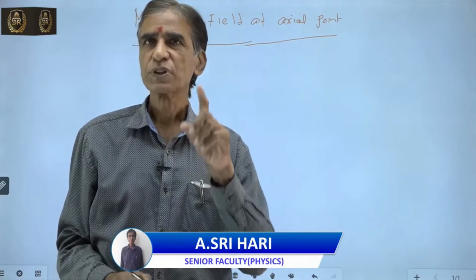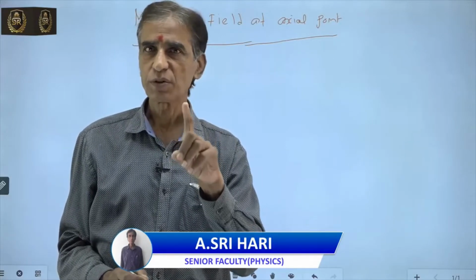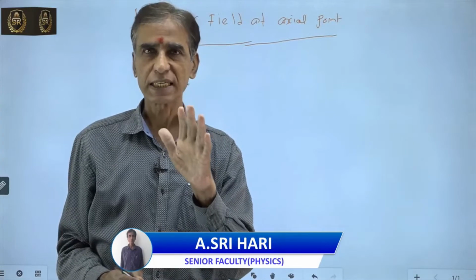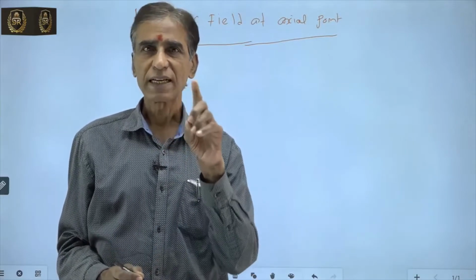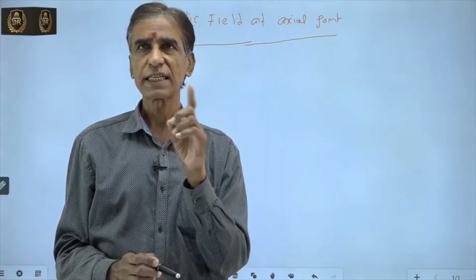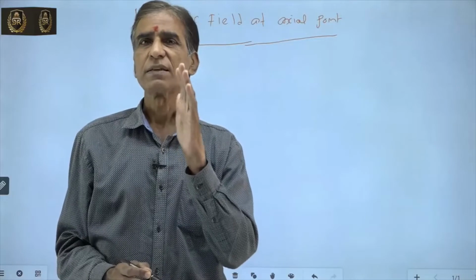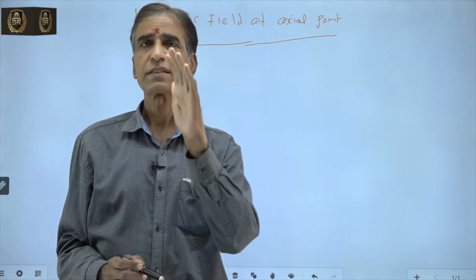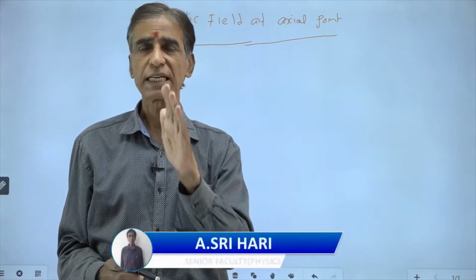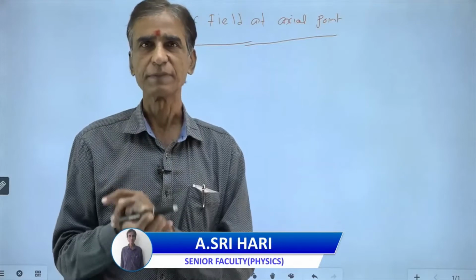Number 1, the magnetic field lines are always perpendicular to the conductor carrying the current. Number 2, the magnetic field lines are concentric circles around the conductor. And number 3, the magnetic field depends upon the distance of the point from the current carrying conductor. Those are the three points you have to keep in mind.